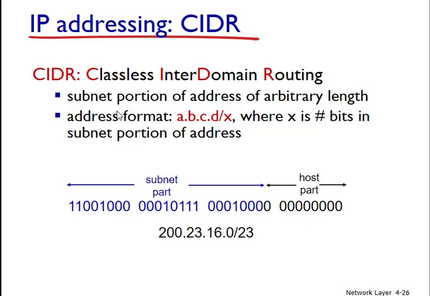And again, the dotted decimal form a.b.c.d/x, where x indicates the number of bits in the first part of the address, or the subnet part of the address. The bits to the right of that are referred to as the host bits, and those bits are used to identify the host on the subnet.